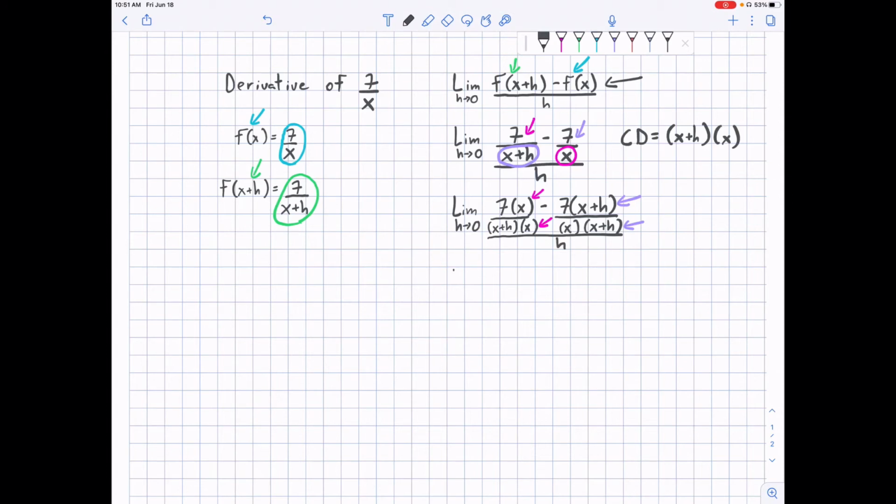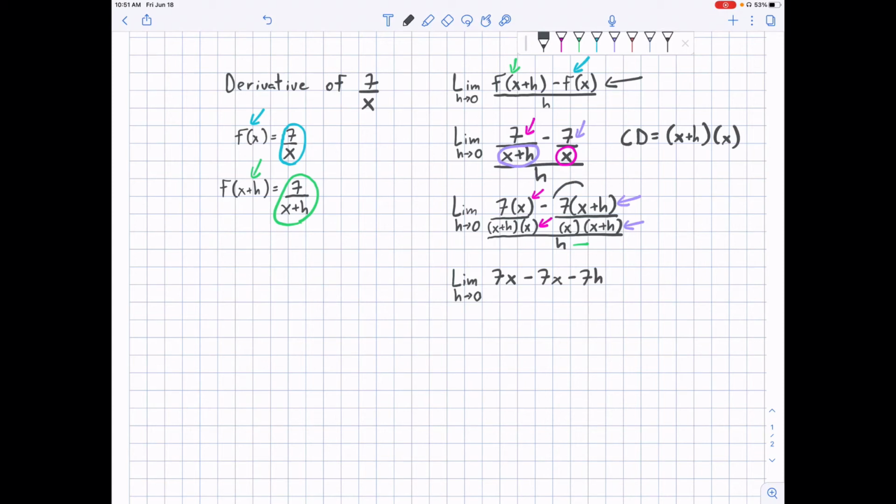So we're going to do some simplifying now. Just as a heads up, what are we looking to do? The h that has the little green arrow next to it, we're looking to cancel that. We're hoping that it's going to cancel, so then we no longer have a divided by 0 situation. So 7 times x is just 7x, minus 7x minus 7h.